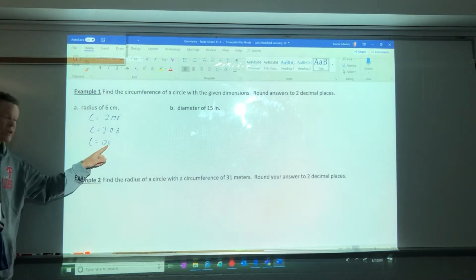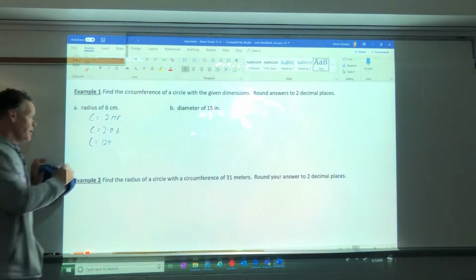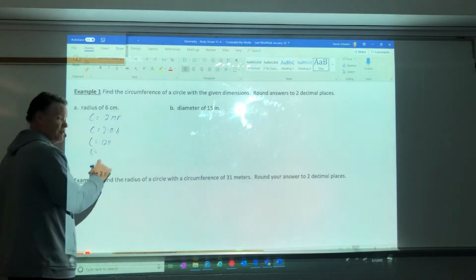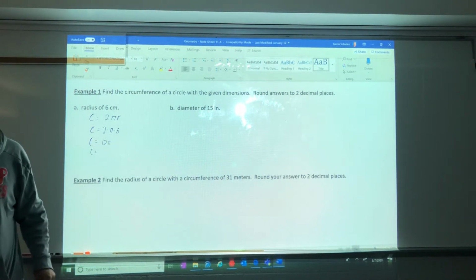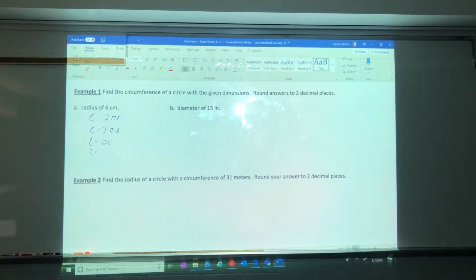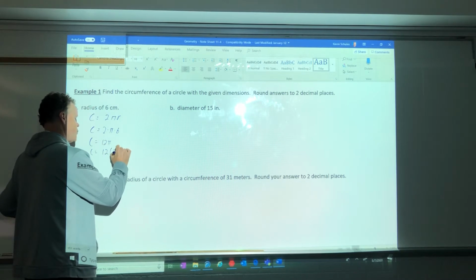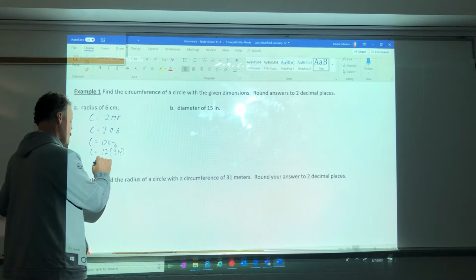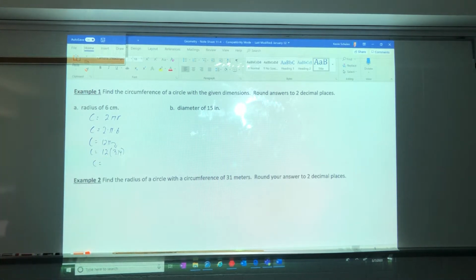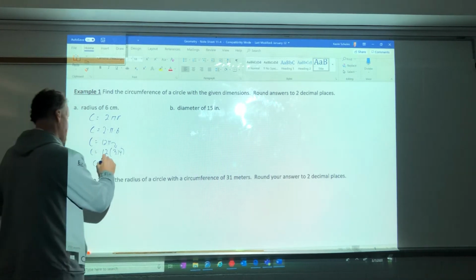Remember, pi is 3.14, and more after that. If you do it in your calculator, it'll take it out to more decimal places. So if we do 12 times pi, which is 3.14, we're going to end up getting a circumference of 37.68.